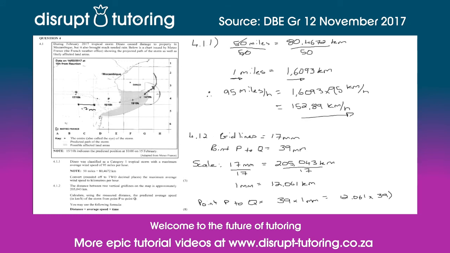This will give us our kilometers. So therefore, from point P to Q is going to equal approximately 470,39, when I put this in my calculator, kilometers.